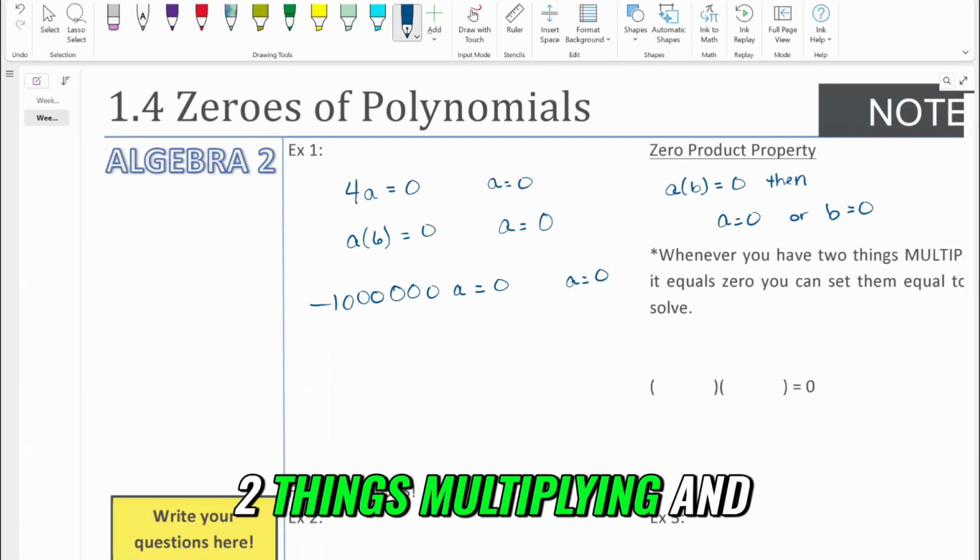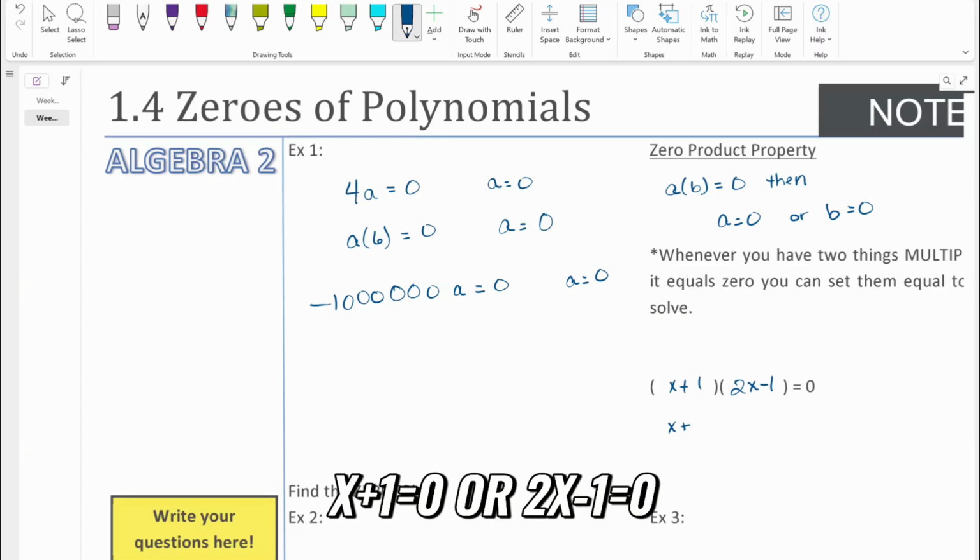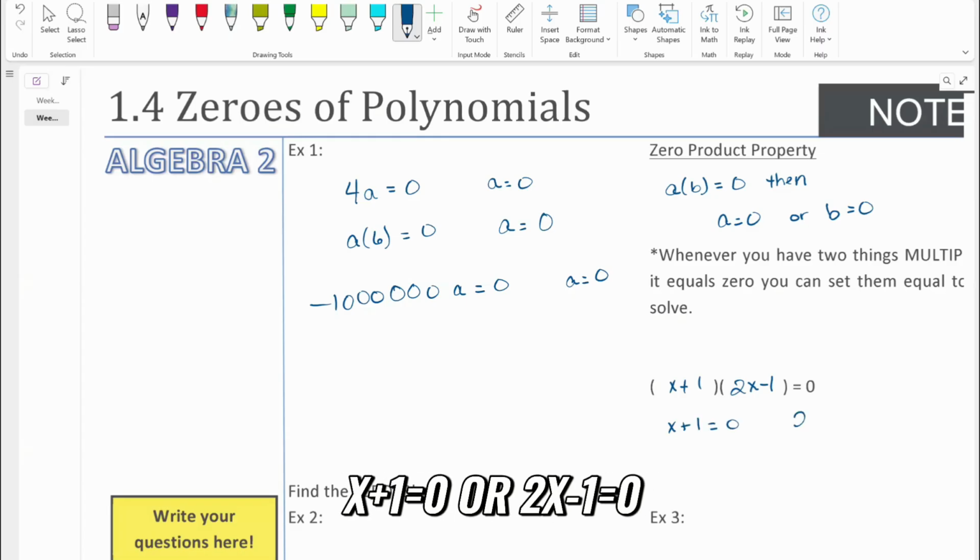So whenever you have two things multiplying and it equals 0, you can set them each equal to 0 and then solve. So if I have x plus 1 times 2x minus 1 equals 0, then I can say x plus 1 equals 0 or 2x minus 1 equals 0.